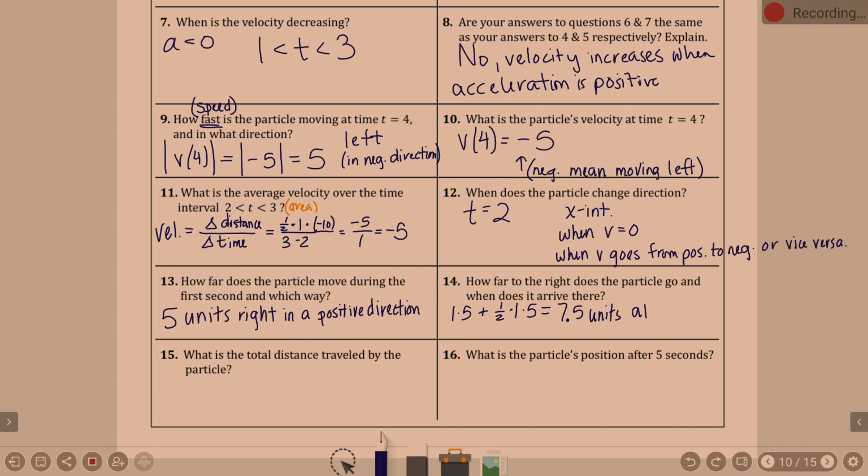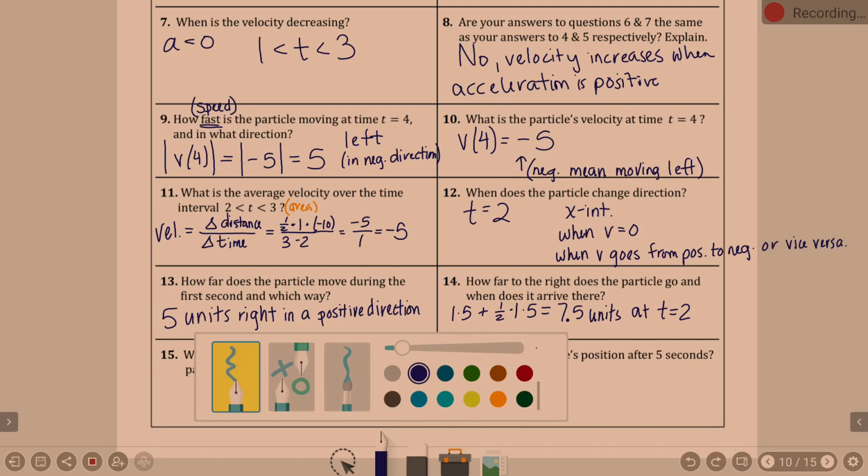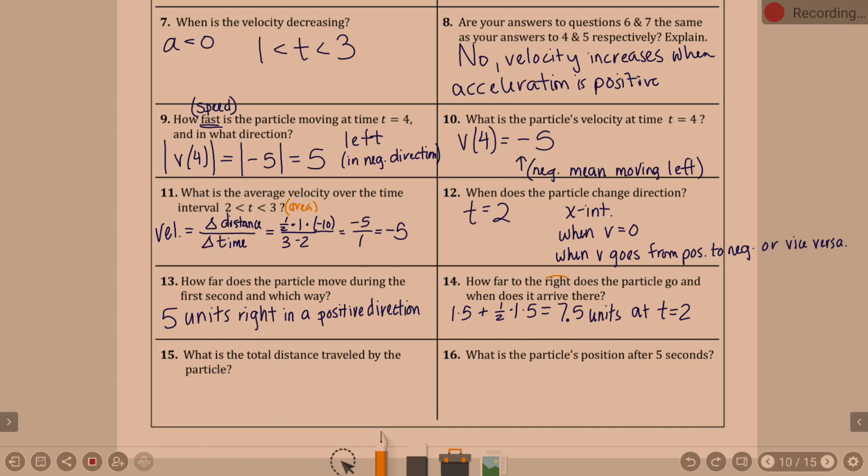And it's going to arrive at t equals 2. Okay. And we only looked from 0 to 2 because it says how far to the right. So that's the only reason I cared about the right.